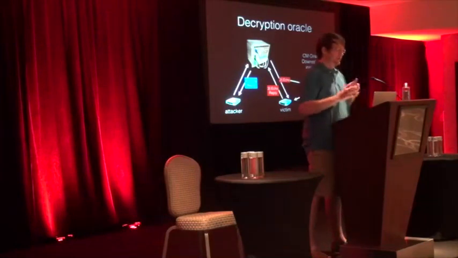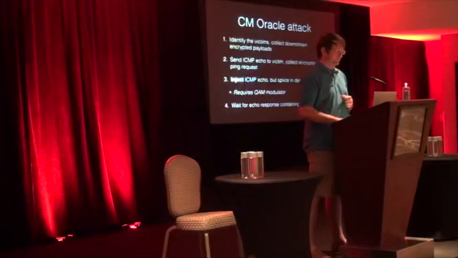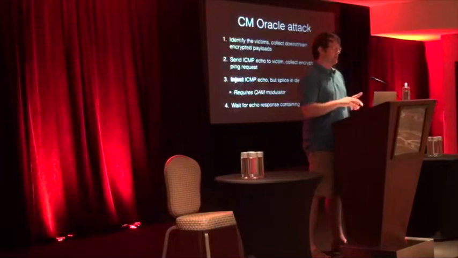So this decryption oracle works by taking that encrypted downstream echo request, modifying it, and re-injecting it onto the network. For this attack, again, you need to identify the victims, but in this case, you need to collect the encrypted payloads that you want the victim to decrypt for you.